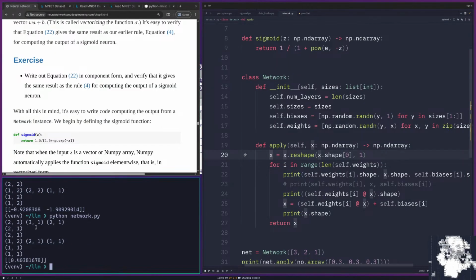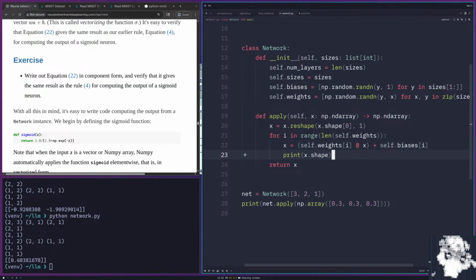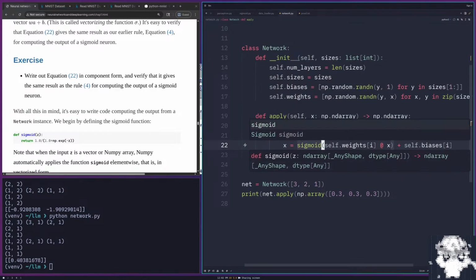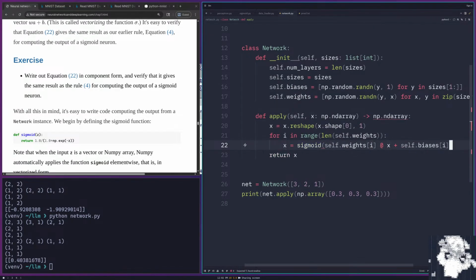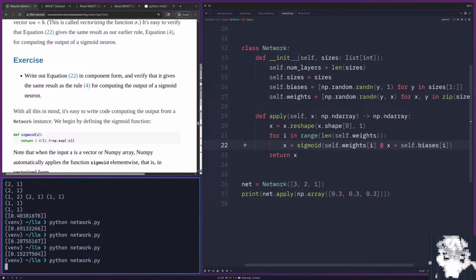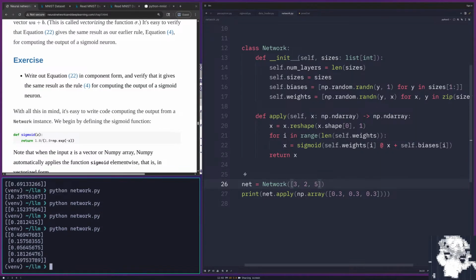Now it's 3 by 1 instead of 3 by nothing. And now I'm getting everything I expect. So that's weird. Yeah, at least I'm getting the right shape now. Yeah, 5 outputs.